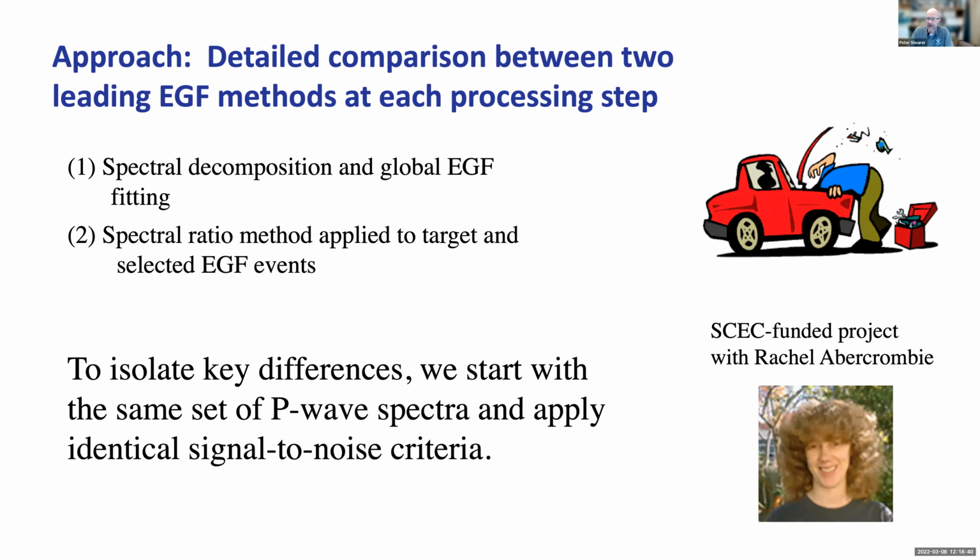So that motivated us to try to examine this question in more detail and to try to understand all of the steps that were involved in the processing, so we could see where this scatter is coming from.